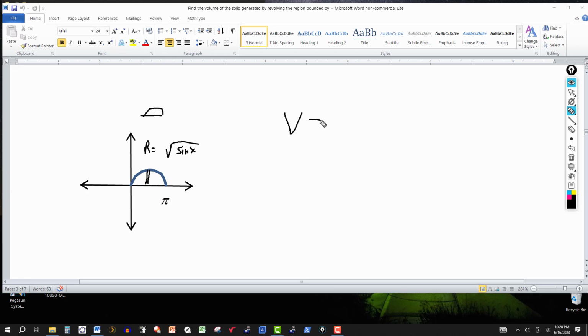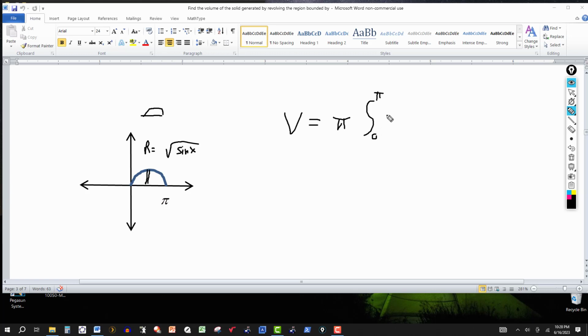So the volume is going to equal, and again, this formula is based on the volume of a circular cylinder, pi, and the integral, of course, is going to go along the x-axis. X is the integration variable from 0 to pi, so those are your limits of integration.